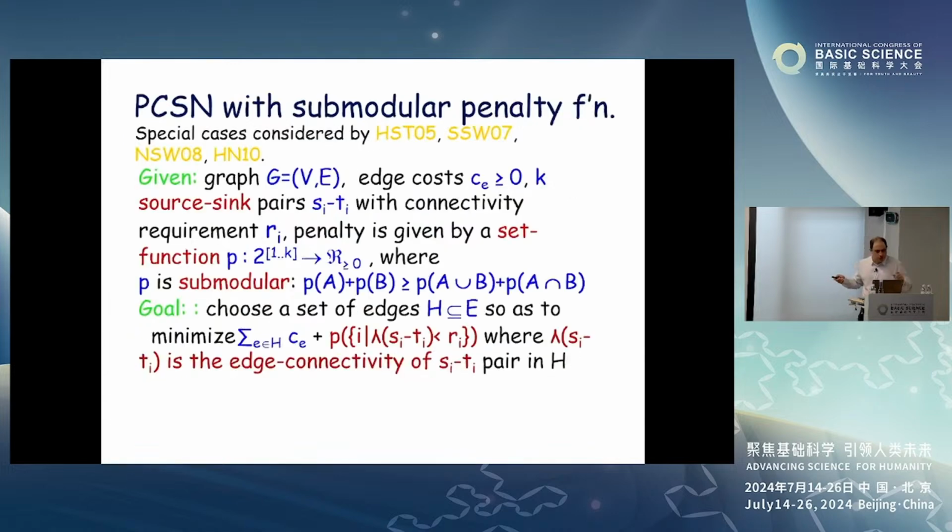And also, there are other generalizations. And this submodular version. And the penalty function according to that.